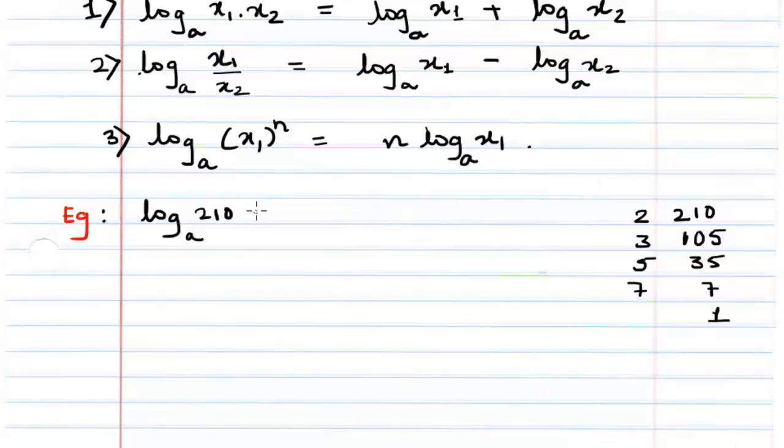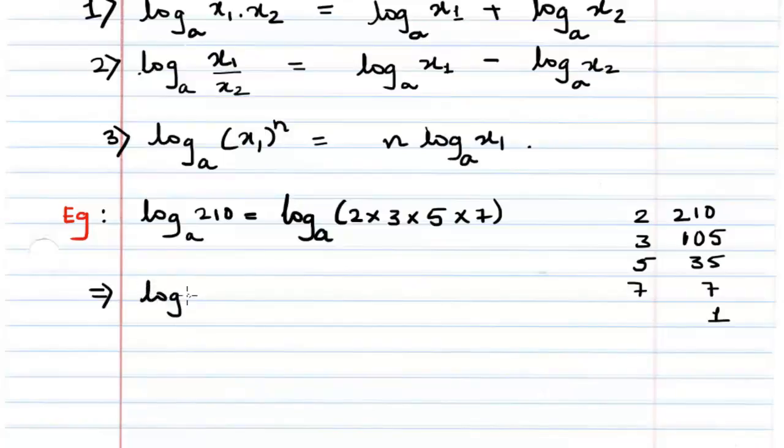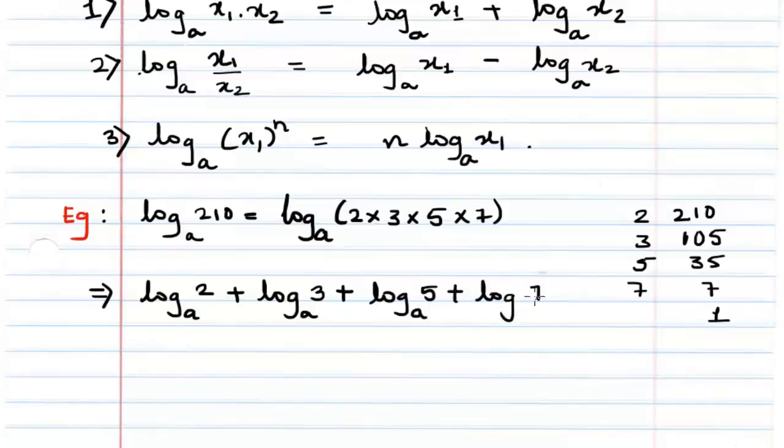Now this can be written as log to the base a 2 into 3 into 5 into 7. Then this is nothing but log of 2 to the base a plus log of 3 to the base a plus log of 5 to the base a plus log of 7 to the base a.